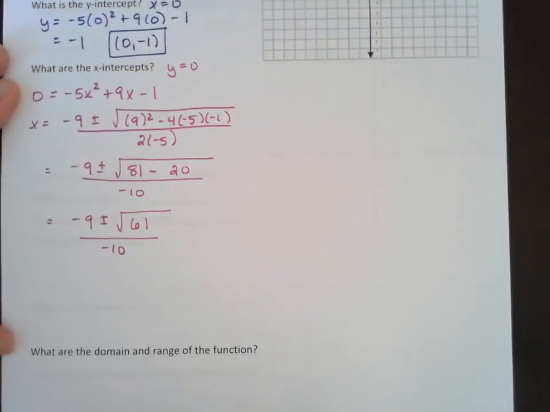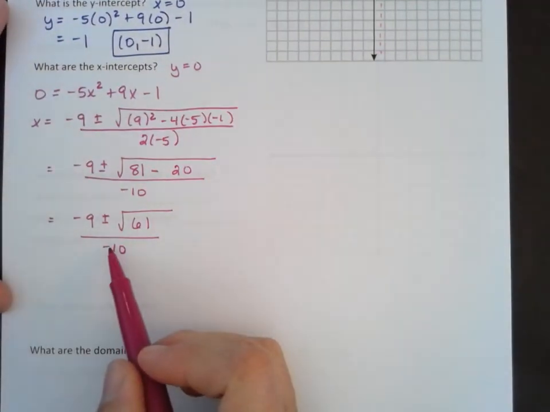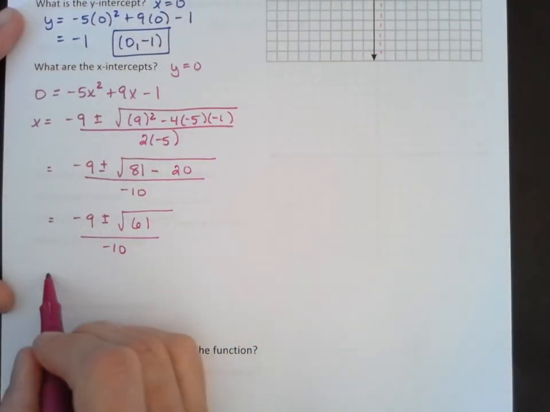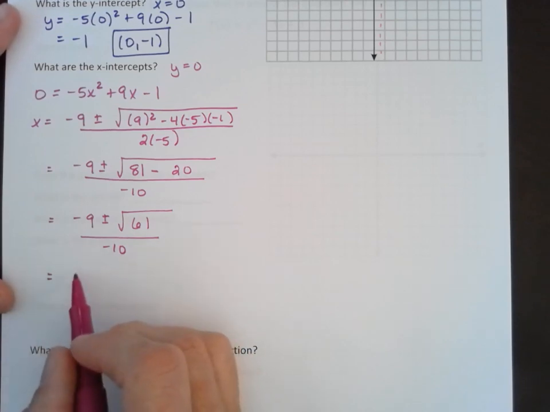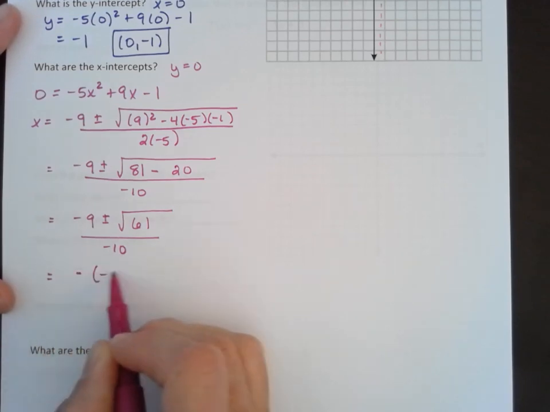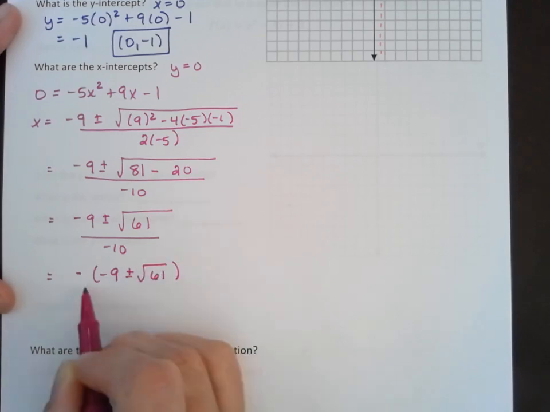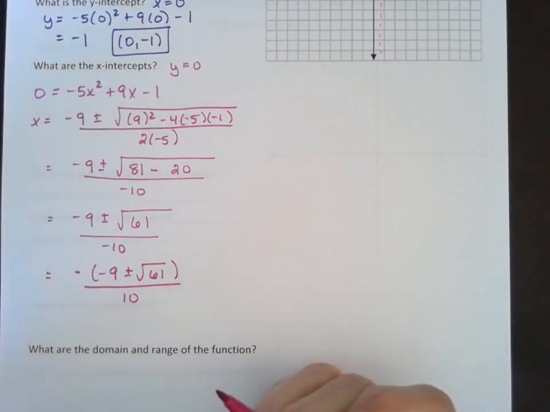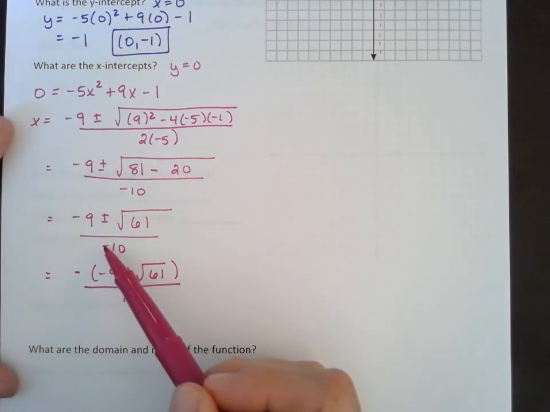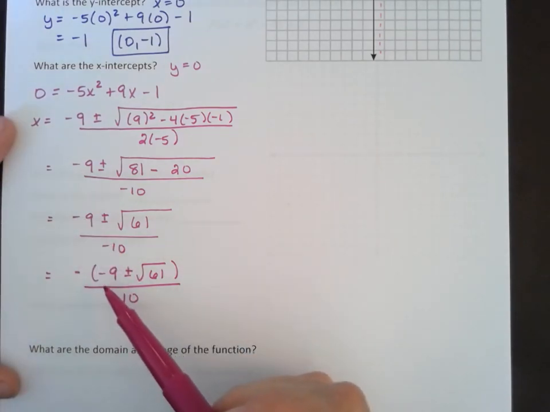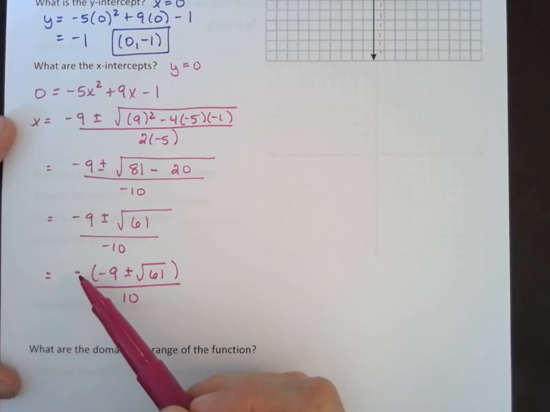Well, remember in class we talked about how the negative could be at the top or at the bottom. Well, if you move that to the top, it would look like that. All I did was take this negative and move it to the numerator. So this negative that was here is now up here.